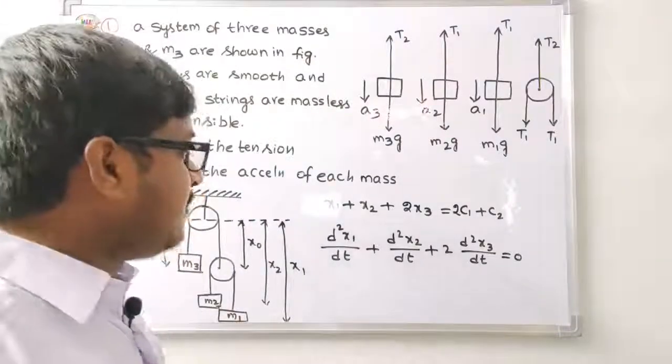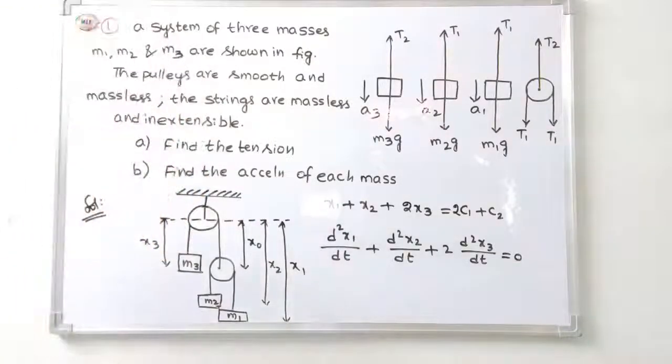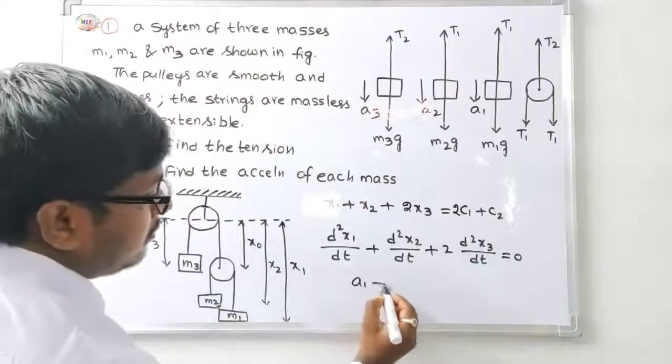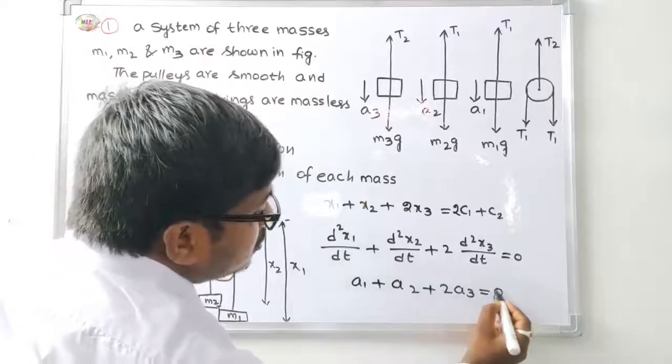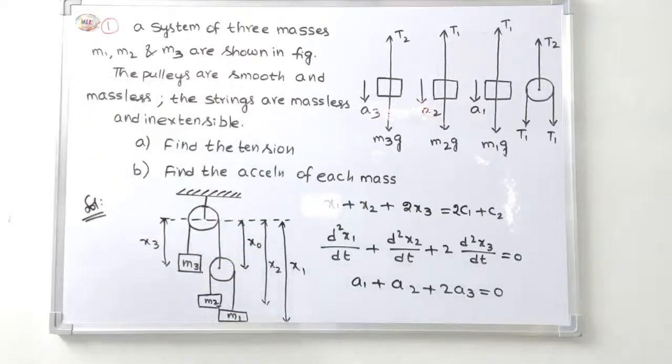That is, a1 plus a2 plus 2a3 is equal to 0.